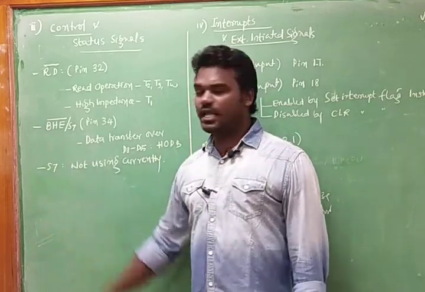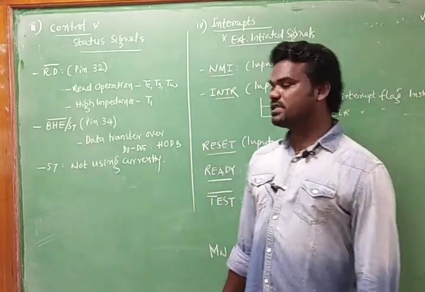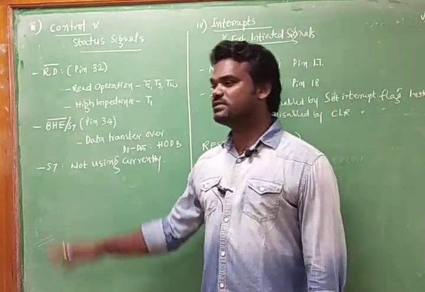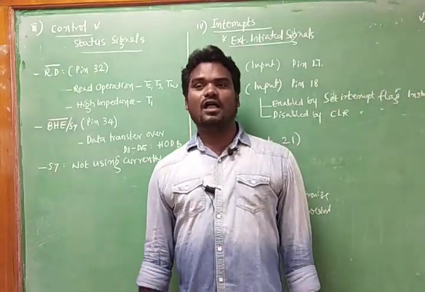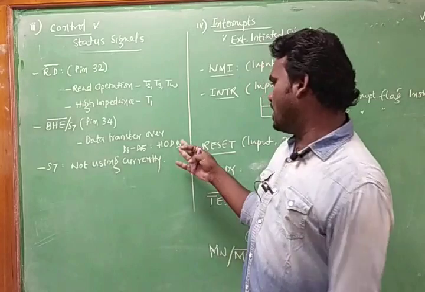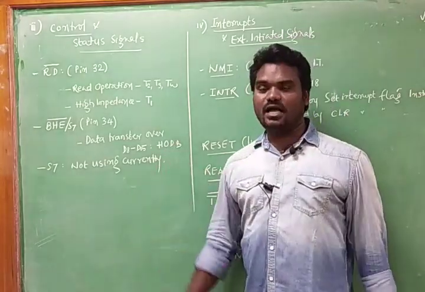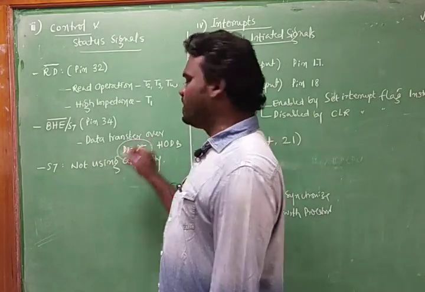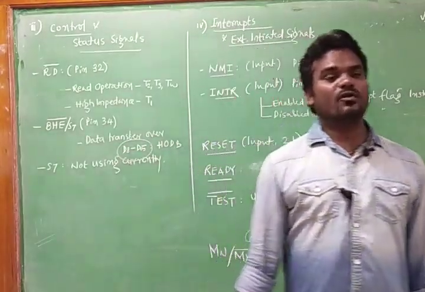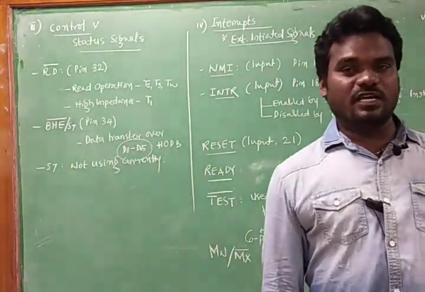Coming to the next one, BHE, that is bus high enable, which is used to indicate the data transfer on the higher order data bus. That higher order data bus is nothing but D8 to D15. We know that the 8086 microprocessor is a 16-bit processor.